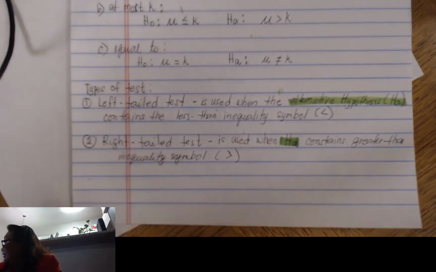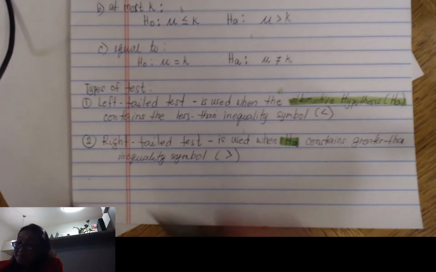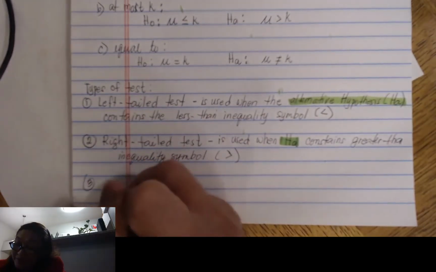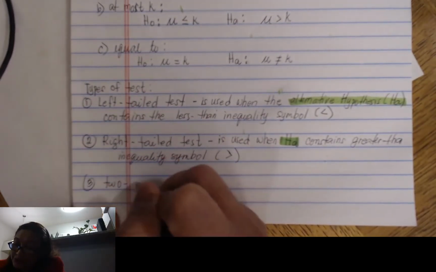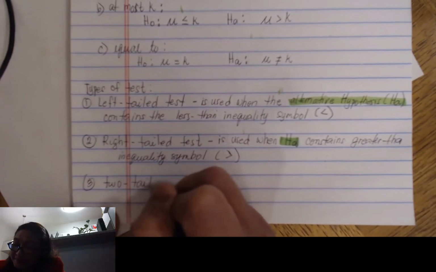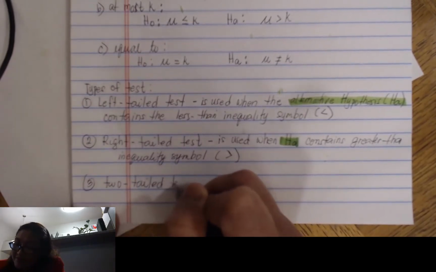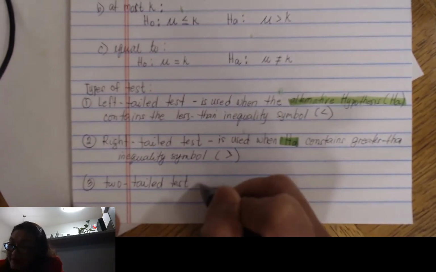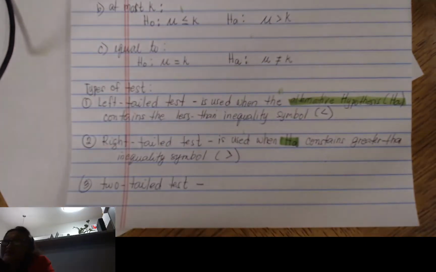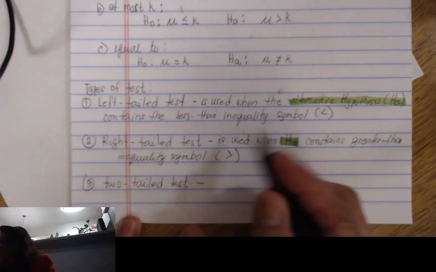And the third one, we have the two-tailed test. It means that both tails of the bell curve are shaded.